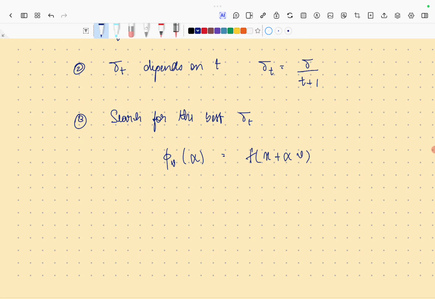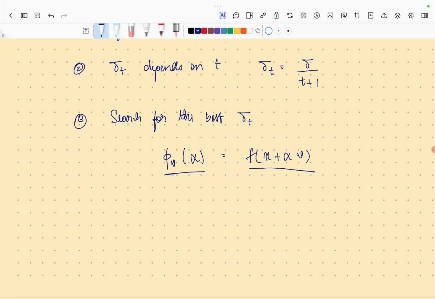I could use the bisection method if I have the derivative at every point, or I could use the golden section method, to minimize this function phi v of alpha at every step, which hopefully gets me closer to the minimum faster using fewer steps.